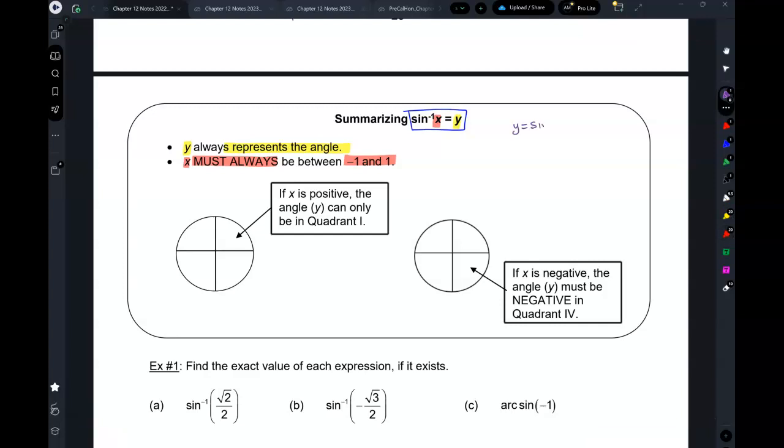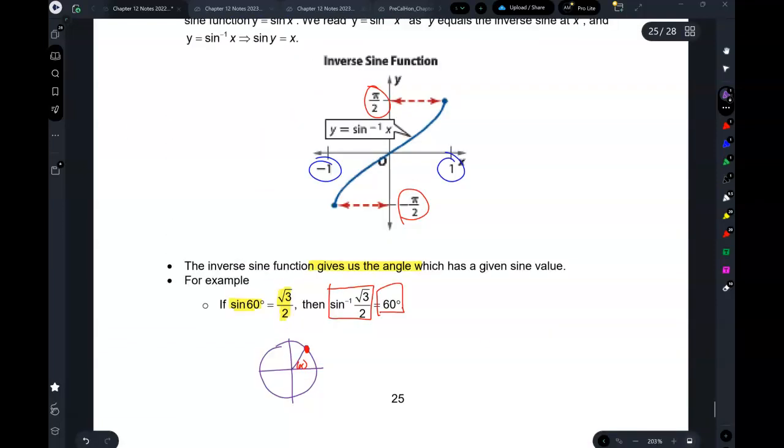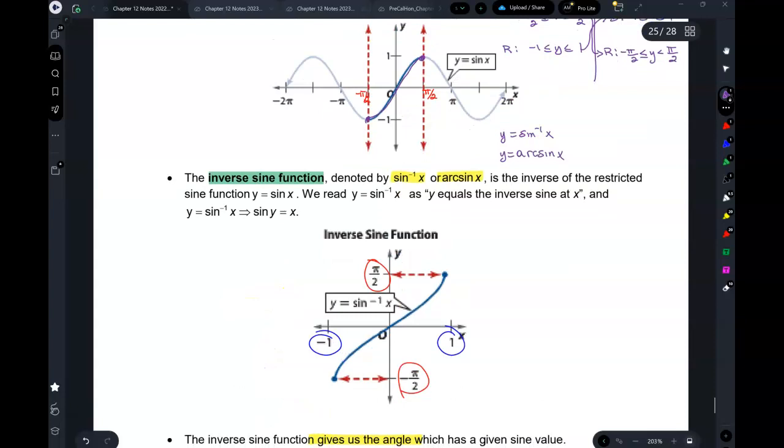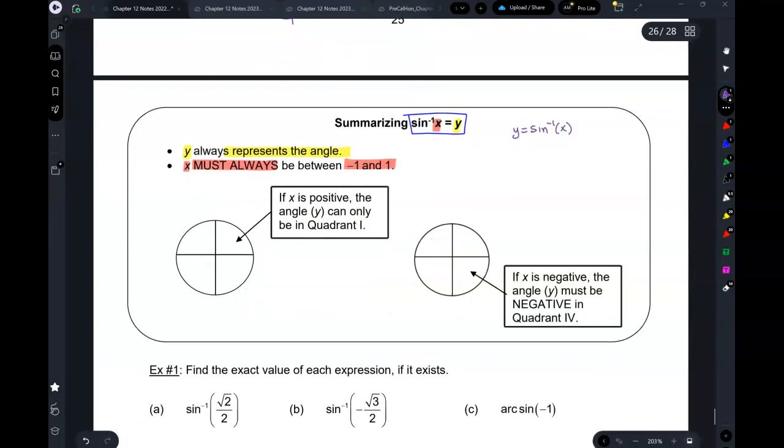Y equals inverse sine of x. So when I give you inverse sine of a number, you have to tell me the angle. But remember how we restricted the domain to only go from negative pi over 2 to pi over 2? Why don't we draw that on a unit circle?